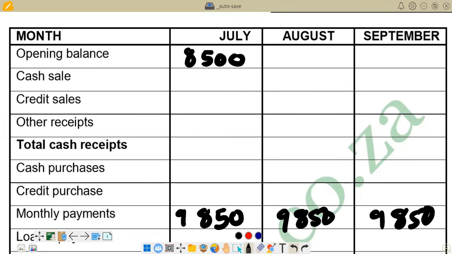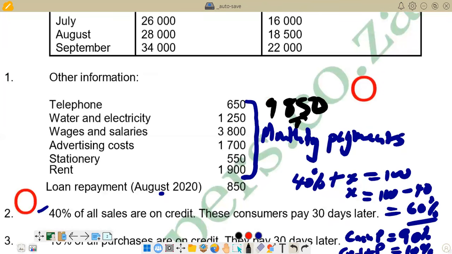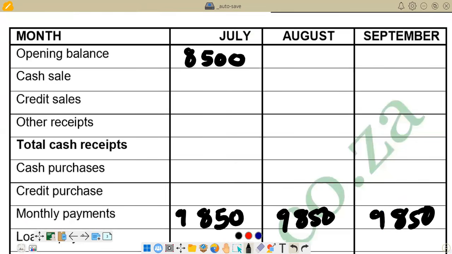Then we go to the next item to check what we have there. From there now, we also have a loan repayment. Remember this one? And we said this loan repayment is starting in August. So it's going to affect August and September according to our table. So we are only going to put 850 for August and September. We go there and try to put that figure again.